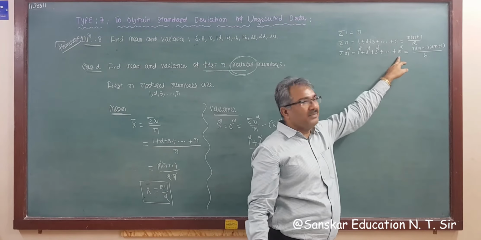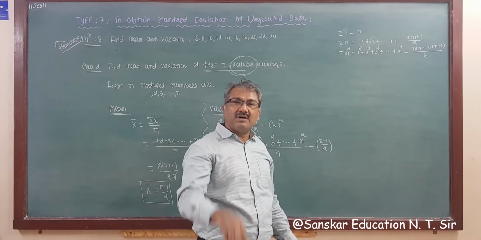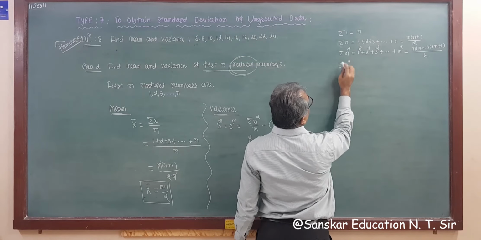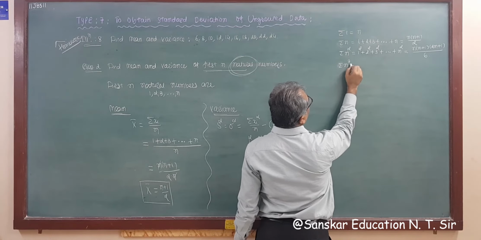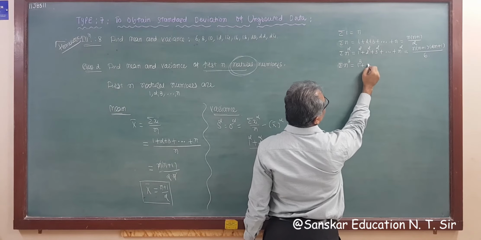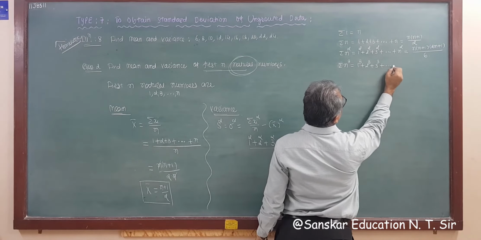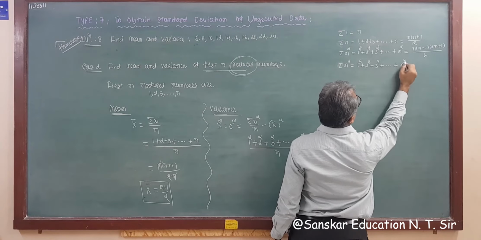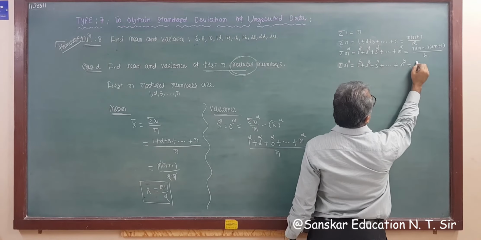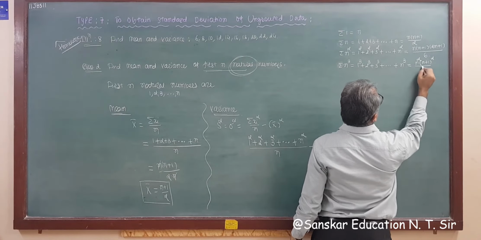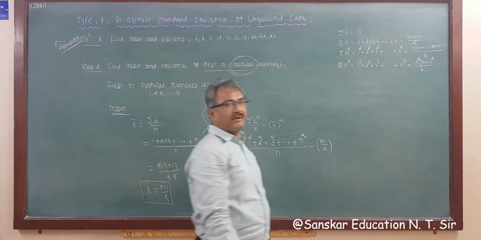So 1 square plus 2 square plus 3 square plus up to n square is equal to n into n plus 1 into twice n plus 1 divided by 6. This is the sum of the squares of the natural numbers, right? And the sum of the cubes of the natural numbers, sigma n cube, is equal to 1 cube plus 2 cube plus 3 cube plus up to n cube, which is equal to n square into n plus 1 whole square by 4, right?